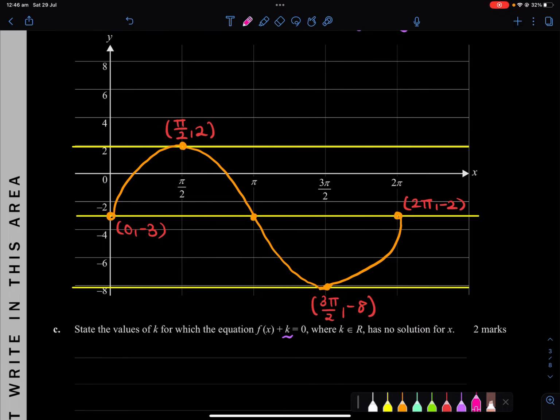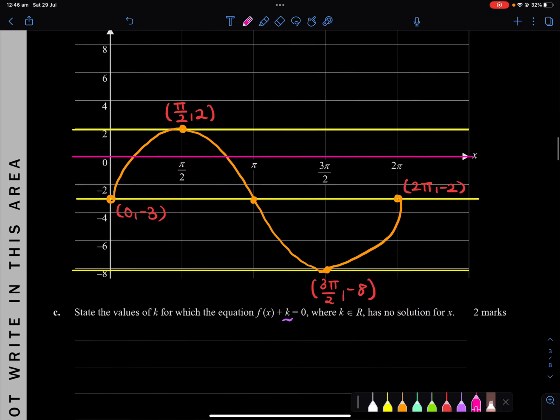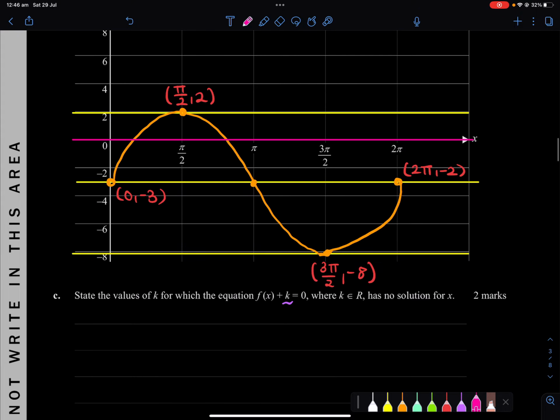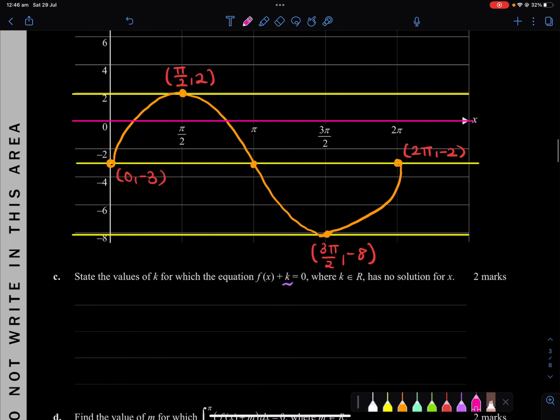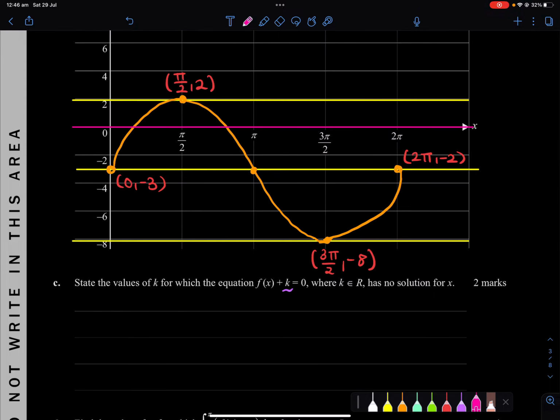So at y equals 0, what can we do with the graph to make it not intersect? So what we want to do is find the values of k. What ways can we translate it down or up to make it not touch?